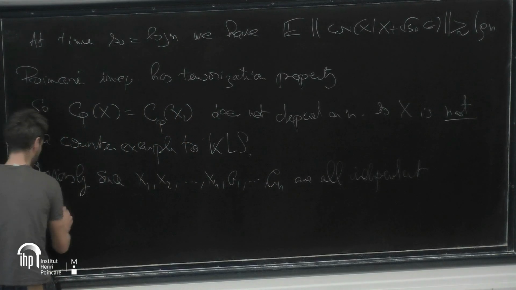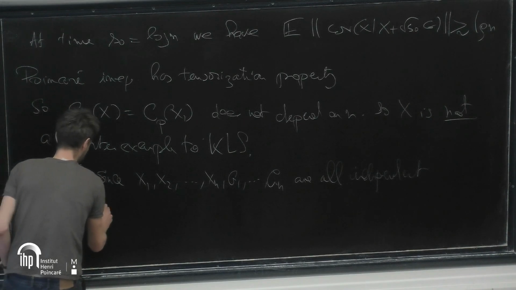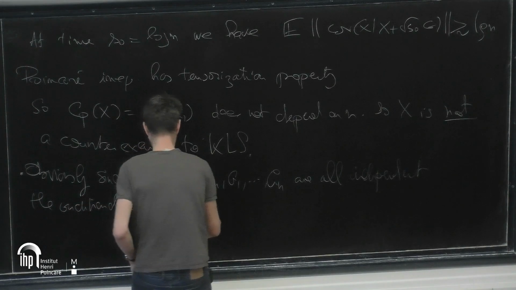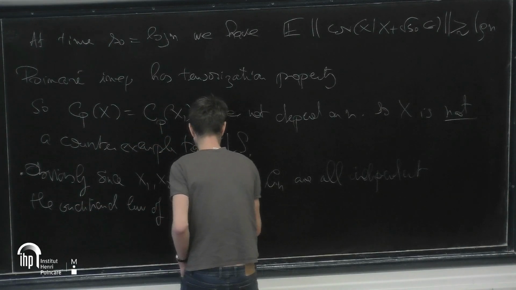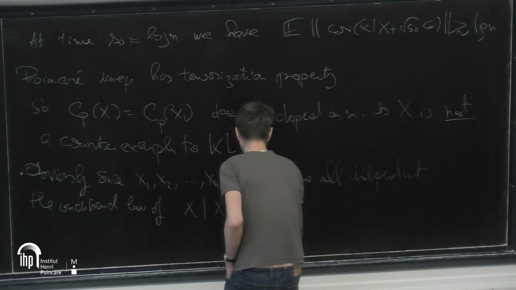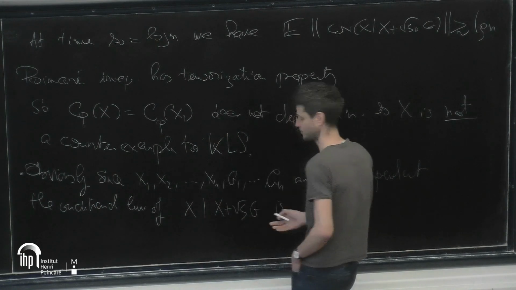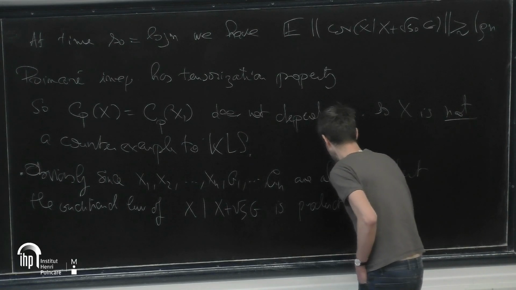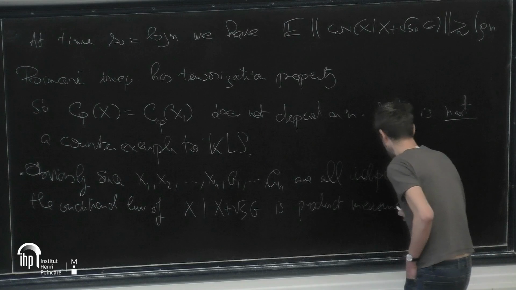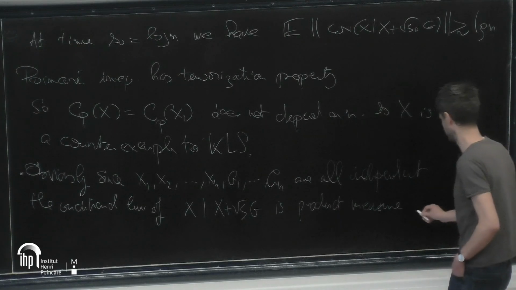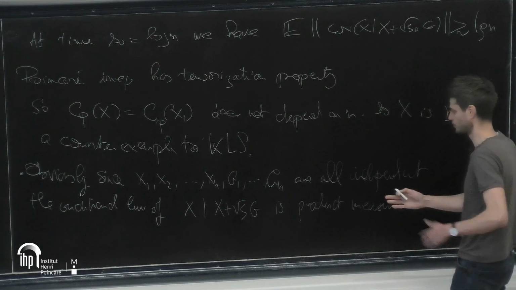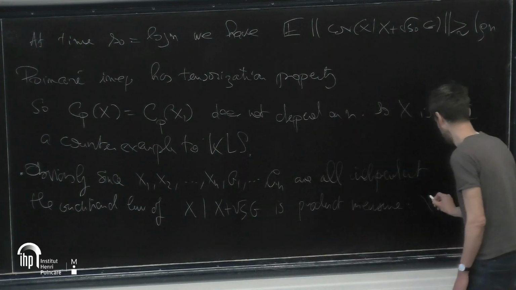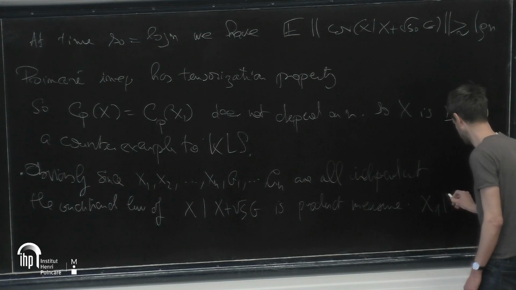The conditional law of x conditioned on x plus square root s g is a product measure, a product measure of the same measure. So, yeah, bad notation.